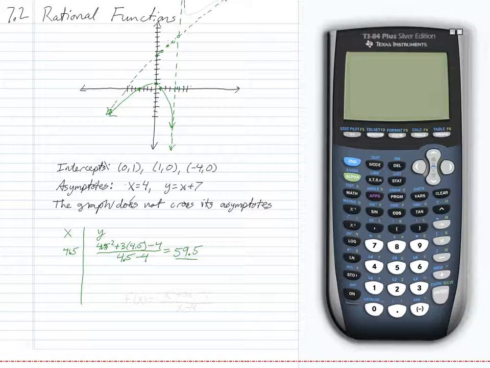So we can conclude that our graph might look something like this, and it will adhere to those asymptotes, never crossing either of them. So if you plot this function in your calculator, this is f of x equals (x squared plus 3x minus 4) over (x minus 4), and if you zoom out far enough, you will see a function that looks something like the solid lines that we have graphed up above.